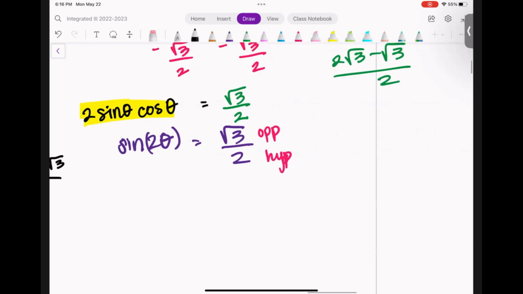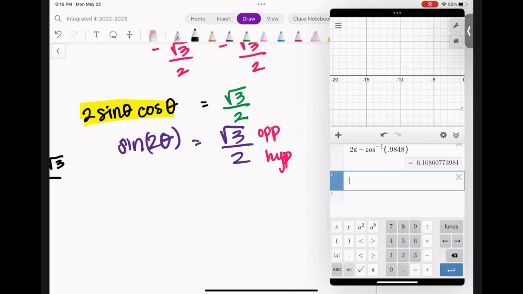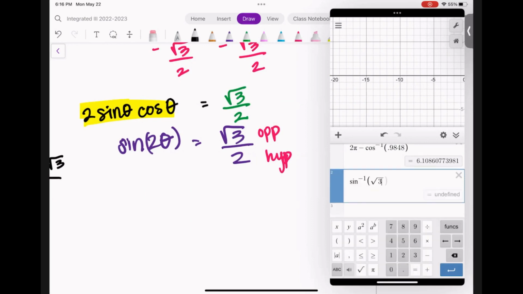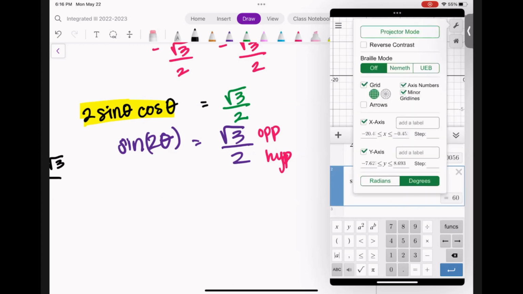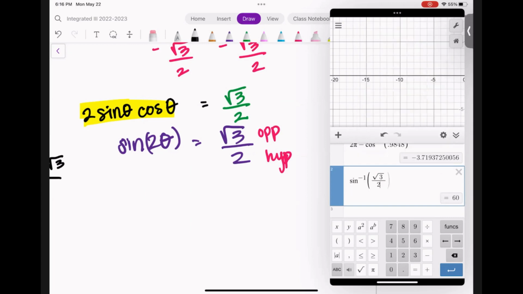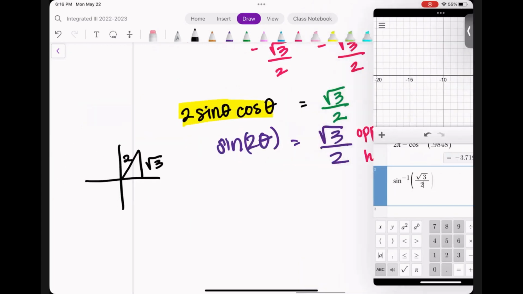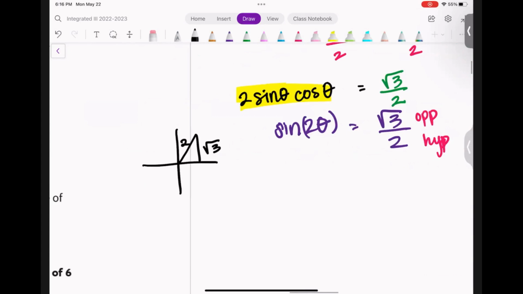But again, the calculator is so tricky because it only gives you one answer. Sine inverse of square root of 3 divided by 2 gives you that crazy number, which in degrees is 60 degrees. But if you were comfortable with looking at this, you already knew that this was going to be your pi over 3 angle here.